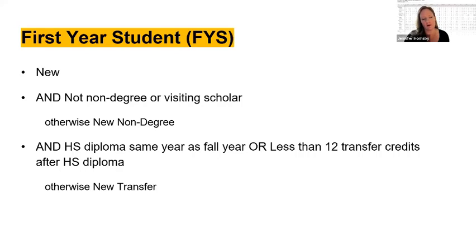Anyone who graduated from high school before this fall, but they didn't earn 12 credit hours after high school is still a new first-year student. So we do have some first-year students who are in their 30s and 40s because they didn't go anywhere else to college after high school.